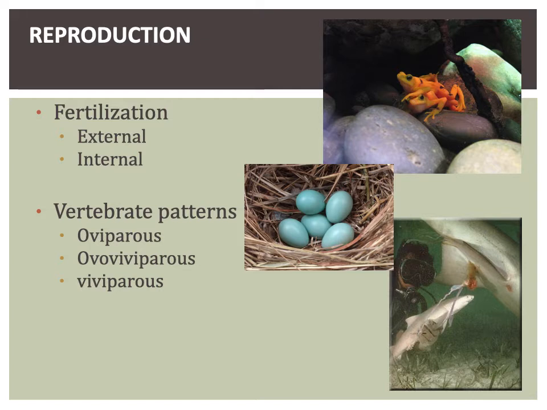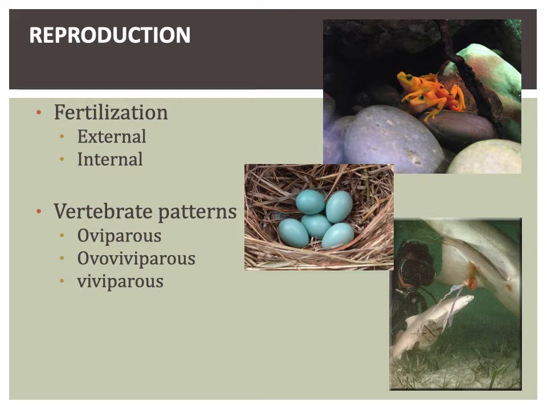If it develops inside of an egg and receives its nourishment from the egg, we would call that oviparous. Oviparous organisms lay their eggs, meaning their eggs go out into the environment. Things like all birds, many reptiles, many amphibians, and many fishes would do this.